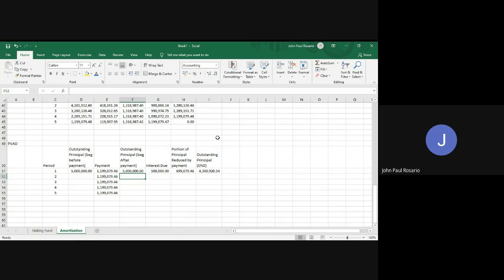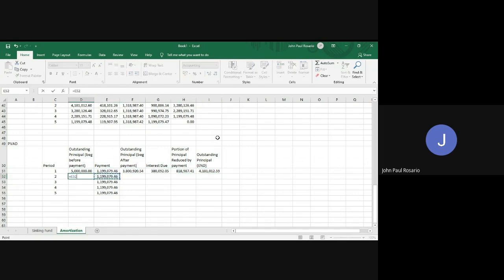And then our outstanding principal beginning after payment is this one minus this one. With that, this will now be our basis for our interest: the outstanding principal, beginning principal after payment. Multiply it by 0.10. So this is your interest due now. And then portion in principal reduced by payment is of course this one, and then we deduct this one. So outstanding principal balance end is this one.